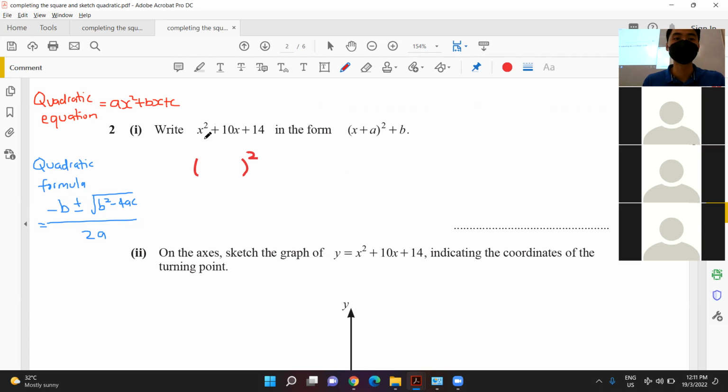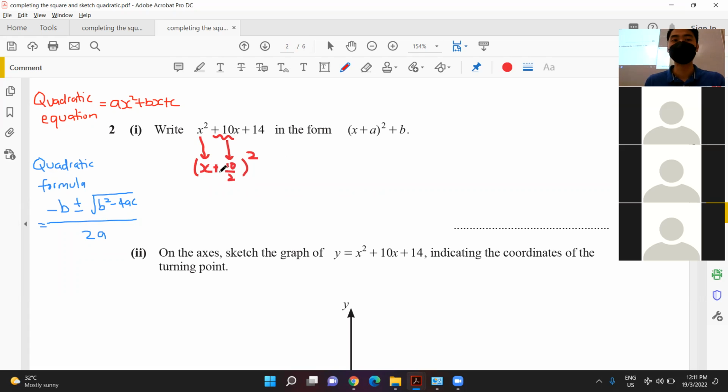The next thing is that we will drag this down. This is x, then we put back x here. Right. Then next, we're going to drag this part here down. Since this is positive 10, unlike the last question, it was negative 9, right? If it's positive 10, then this symbol inside is plus 10 over 2, 10 over 2, right?